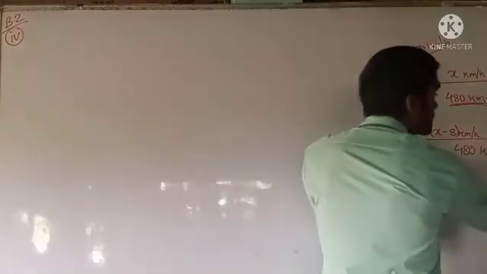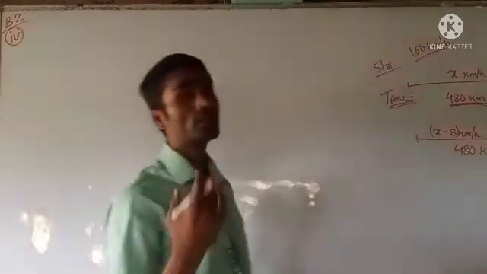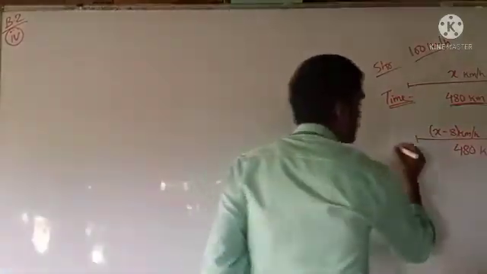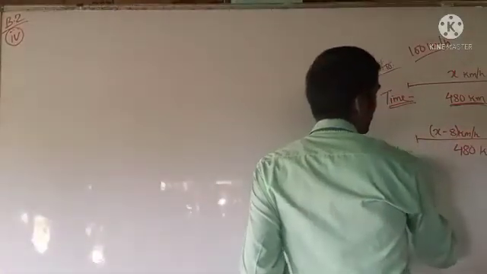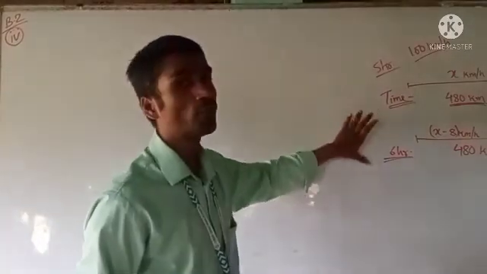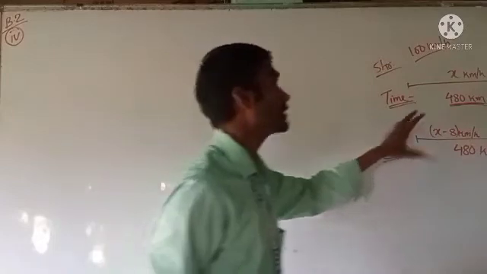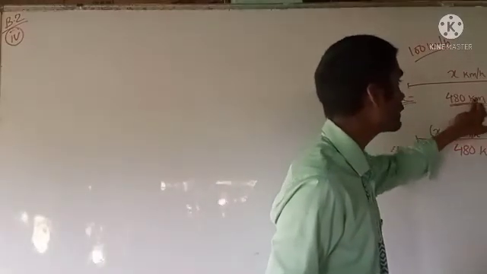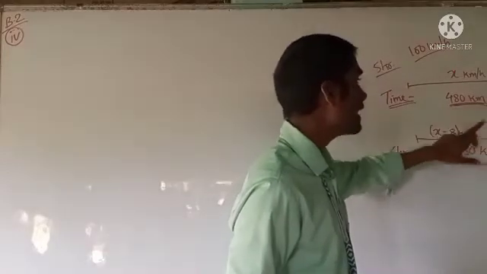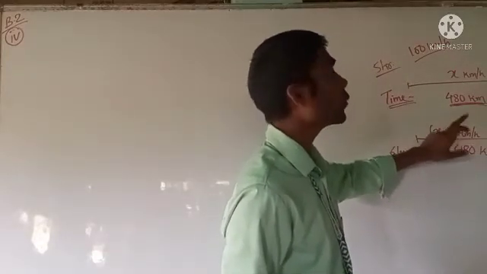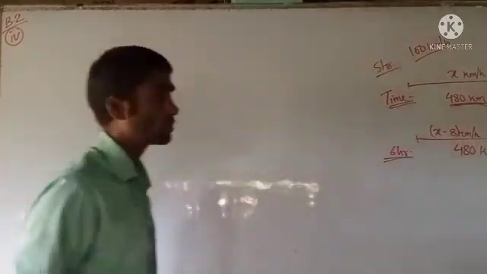To cover the same distance, the time will increase. It may take around 6 hours. Now we need to find whether it will form a quadratic equation or not. The condition given is that at uniform speed it covers 480 km, and if the speed is reduced by 8 km per hour, then whether it will form a quadratic equation or not.